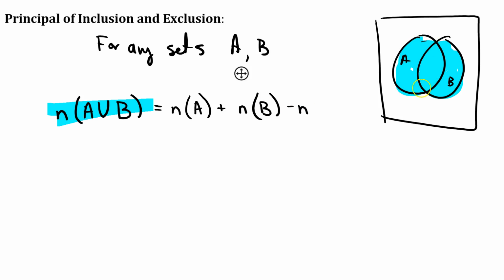We count this and this once, and then all the elements here, this portion and this portion, but we need to subtract just one of the intersections because we've double counted it. A intersect B.